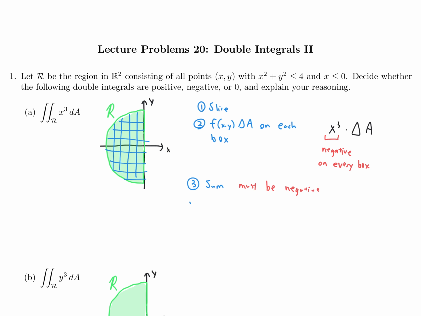Now I can also take the limit, but if I'm taking the limit of a bunch of negatives, I'm going to still be getting a negative number. So in the end, this double integral must be equal to a negative number. Even without calculating anything, just by thinking about this process, and especially this step where I am estimating the value of the function times delta A on each box, I can at least decide whether my double integral is going to be positive, negative, or zero.